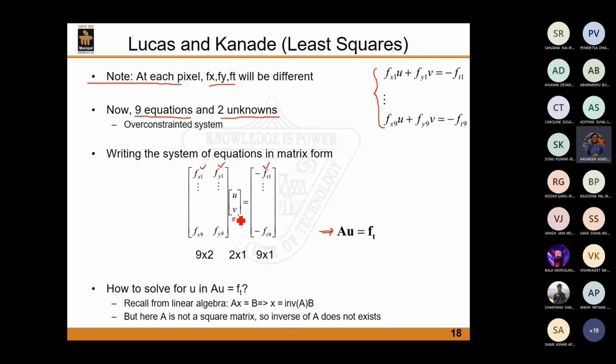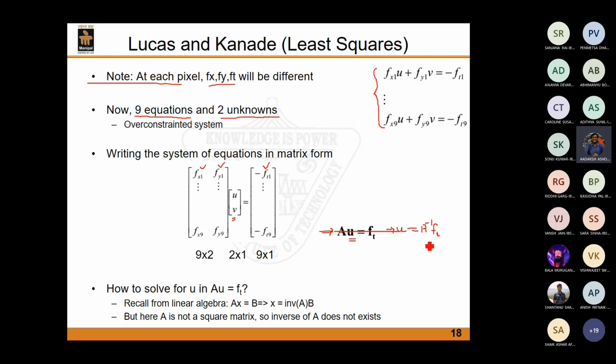But here, if you're trying to find out the value of this matrix u, what you need to do is take A to this side, so I'll write it as u is equal to A inverse ft.